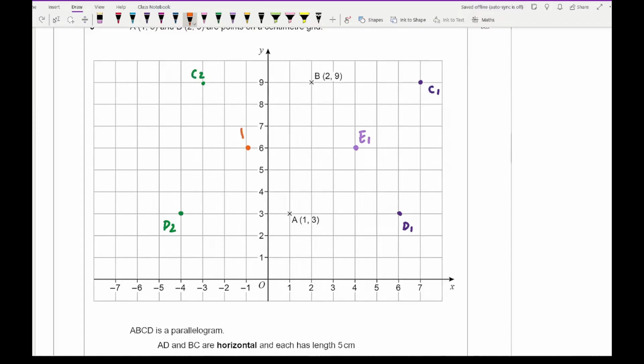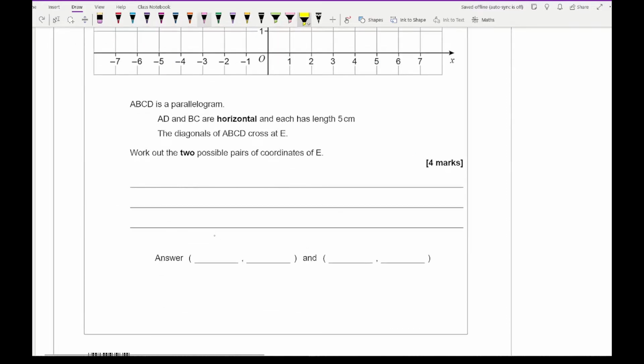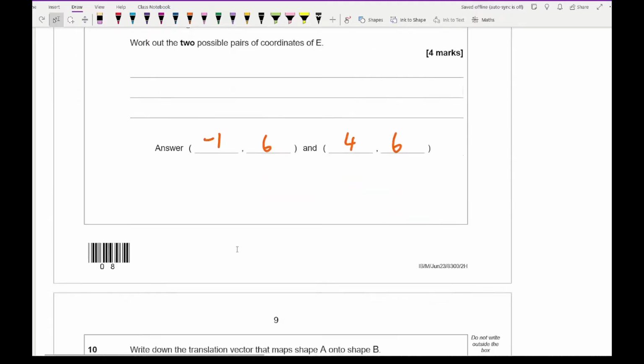So that's where E2 is going to be, and it's these 2 coordinates that we need to quote for the answer. So the possible answer is going to be minus 1, 6 or 4, 6. And again, you can write those coordinates in any order, but I certainly would mark the points on the axes as a form of working out.